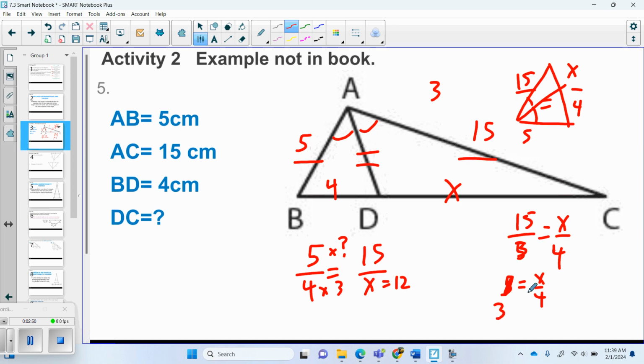I wondered how I would get 12 there. I have 3 equals x over 4, multiply, and I get x equals 12. So either way, I make the equation here, the angle bisector is the equal sign, and I stack the equations, and I get a number.